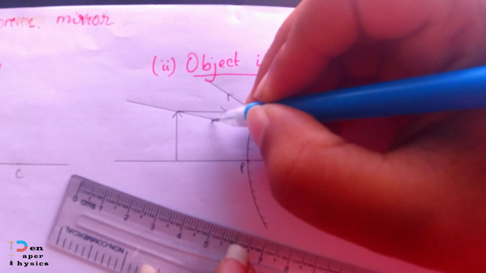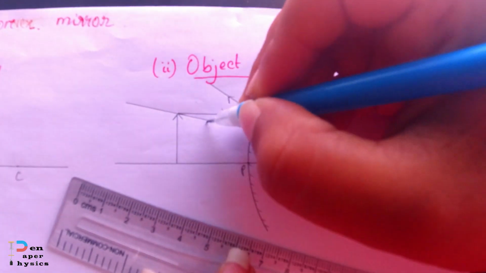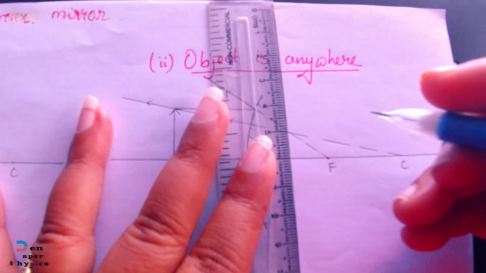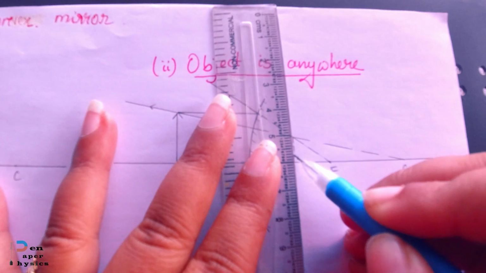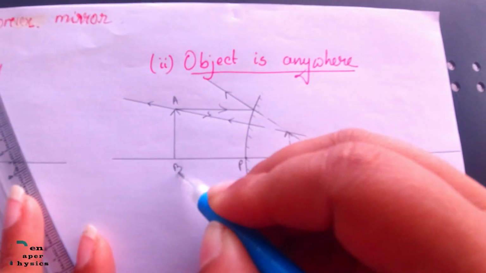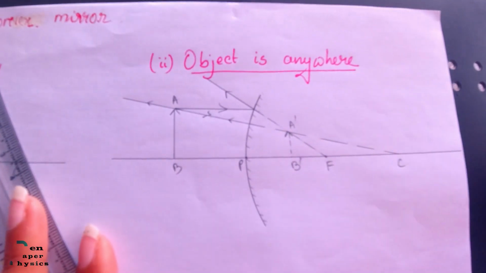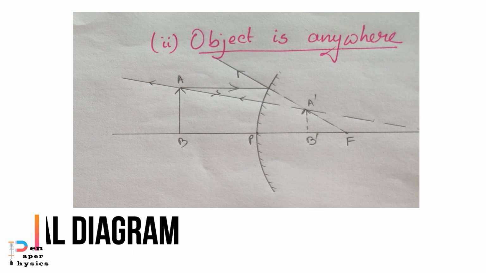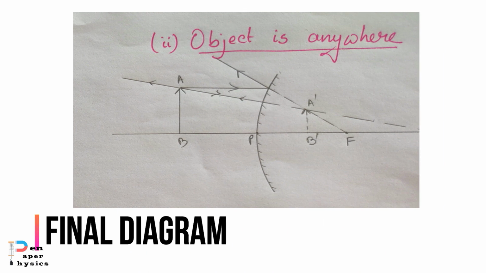Don't forget to give both side arrows on this ray. You will draw your image but with a dotted line since it's a virtual image. So here is your final diagram.